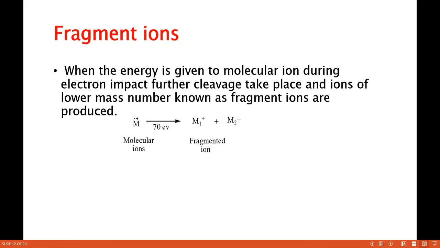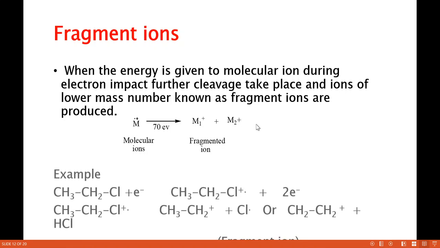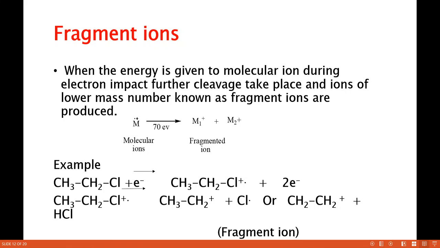So here this is a molecular ion. On that we bombard electrons having a potential of 17 electron volts. It gets fragmented into M1+ and M2. Then by taking the example, here this is ethyl chloride.